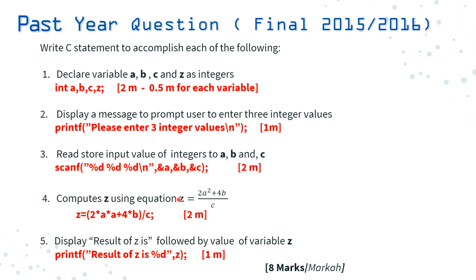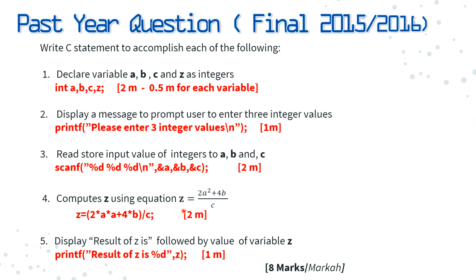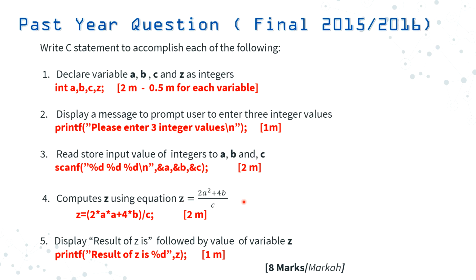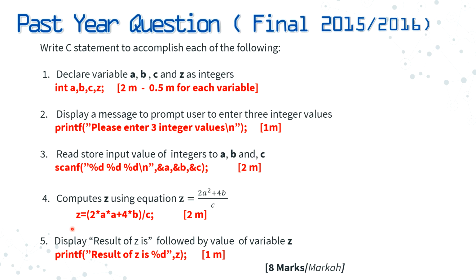Okay, step 4. Here comes the big calculation. We write this equation in C programming like this.